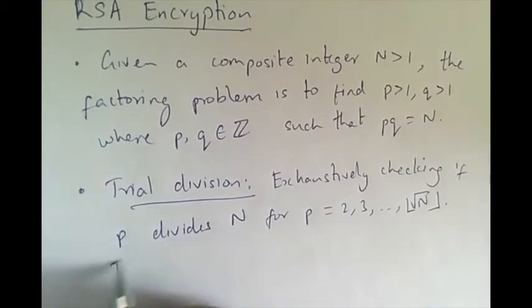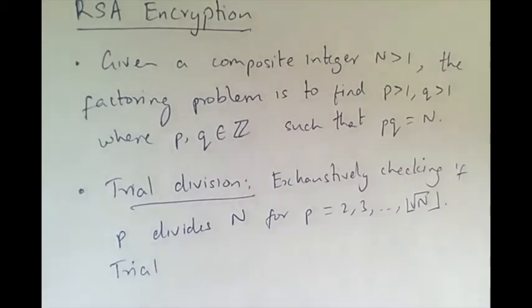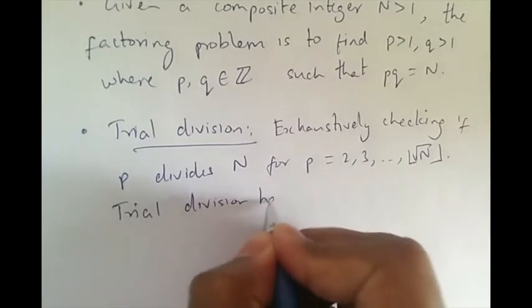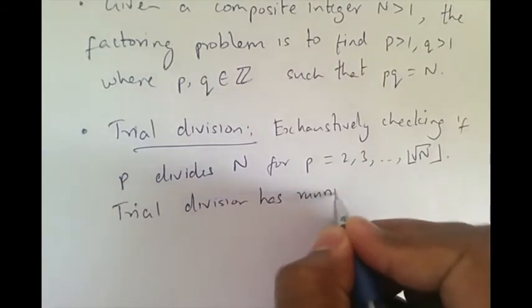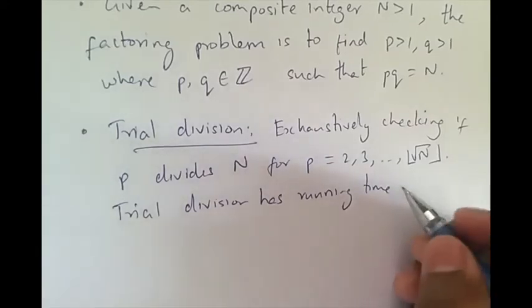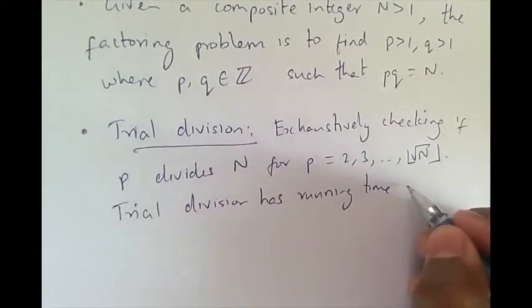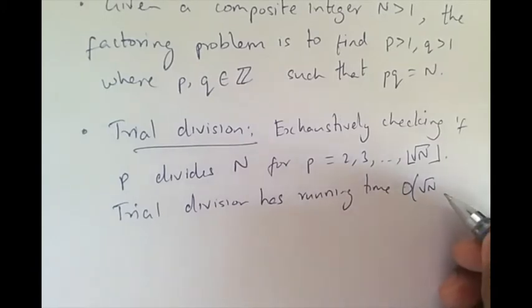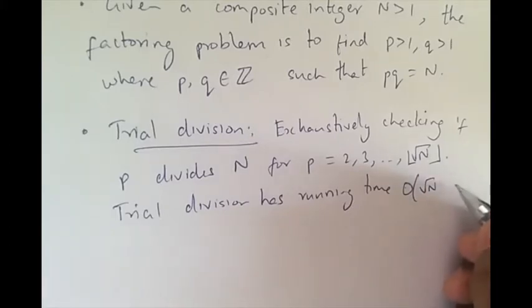You need on the order of square root of n steps in the worst case, and each step is a polynomial in the number of bits which can be used to describe n.